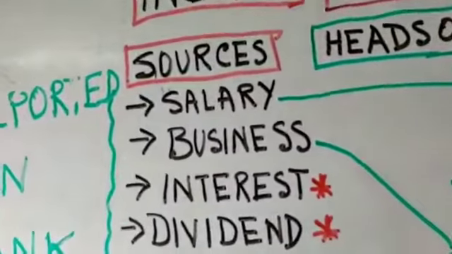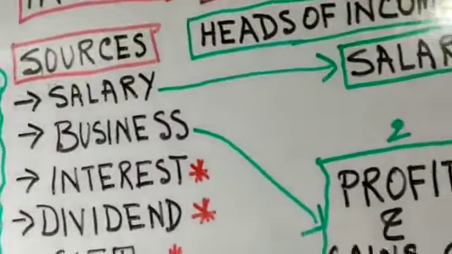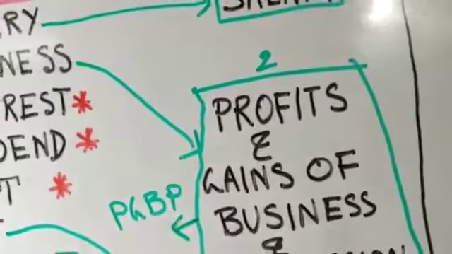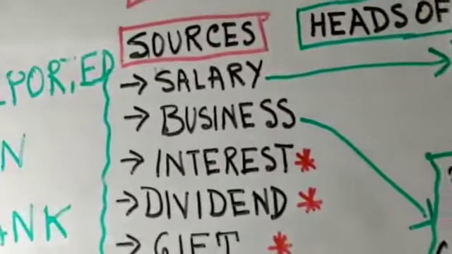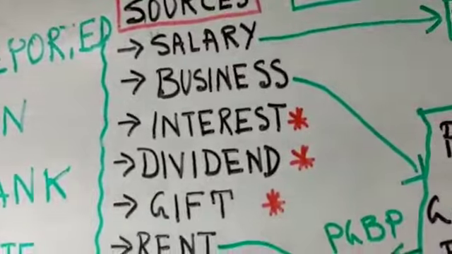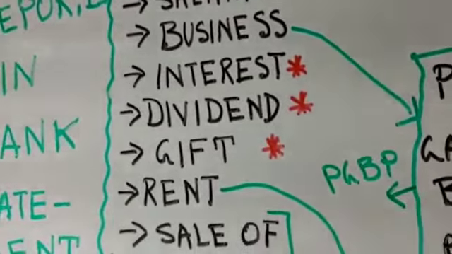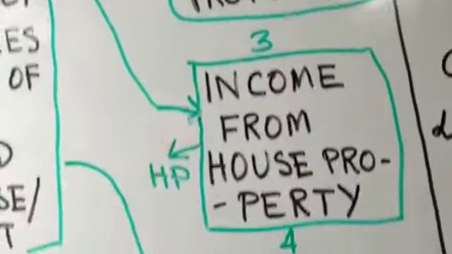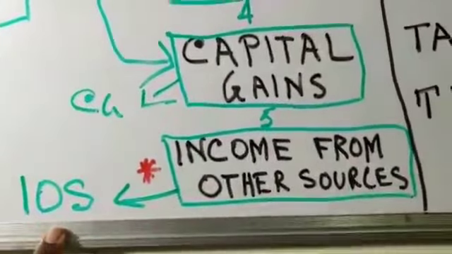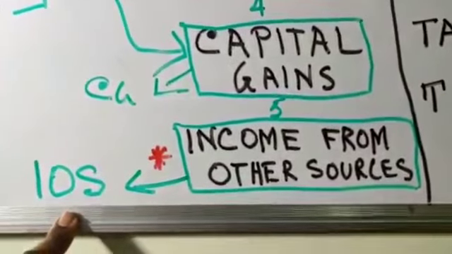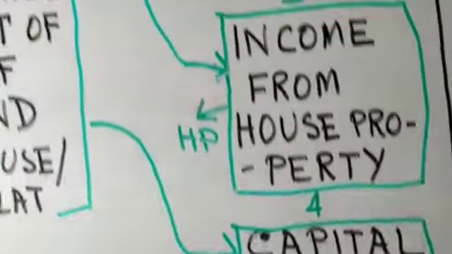If my source of income is business, it will be classified under the head PGBP. If my source of income is interest or dividend or gift, these will be classified under the head income from other sources, which is IOS.